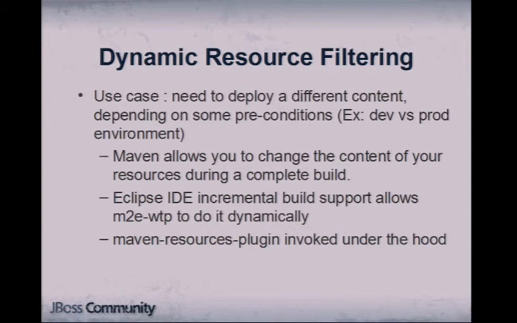Under the hood, the Maven resources plugin is invoked. Eclipse IDE doesn't know how to do filtering, but we tell Maven to do it instead. And the Maven resources plugin is pretty smart in the sense that it detects only the resources that have been modified and treats them accordingly.